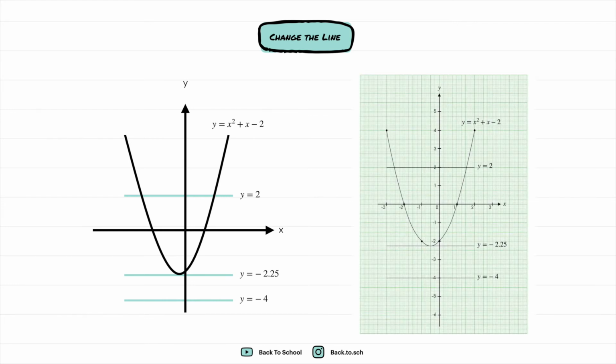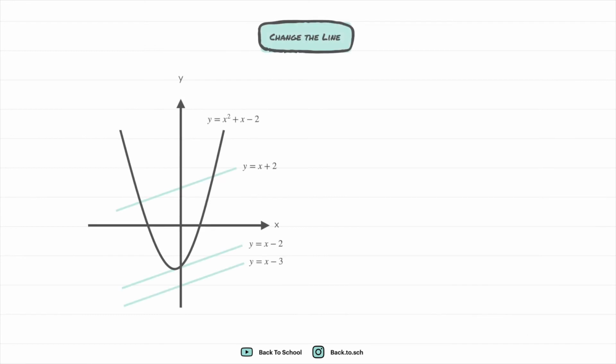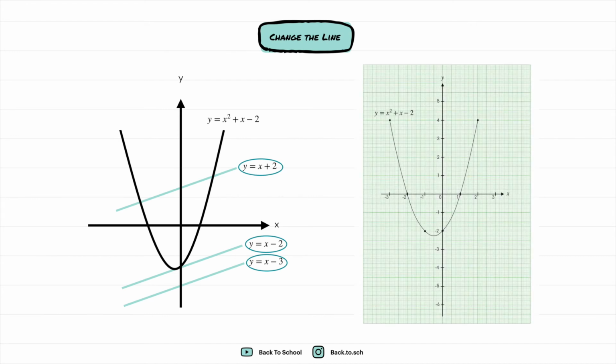And you'll be able to see that the equations of the horizontal lines do make sense. Now, what about this? These lines are your typical y equals to mx plus c lines, which means they have a gradient and a y-intercept, and it's not so easy to show how they will appear on a graph paper.